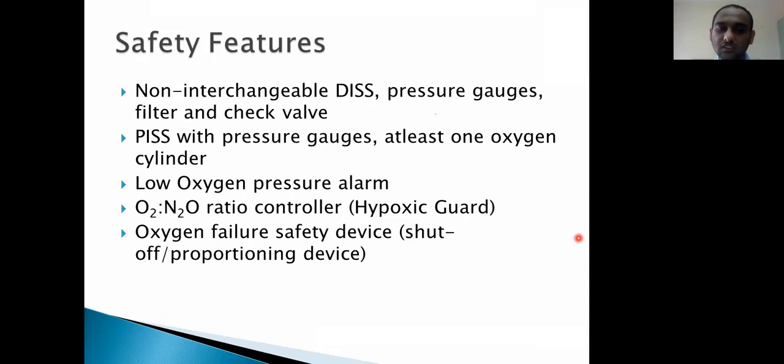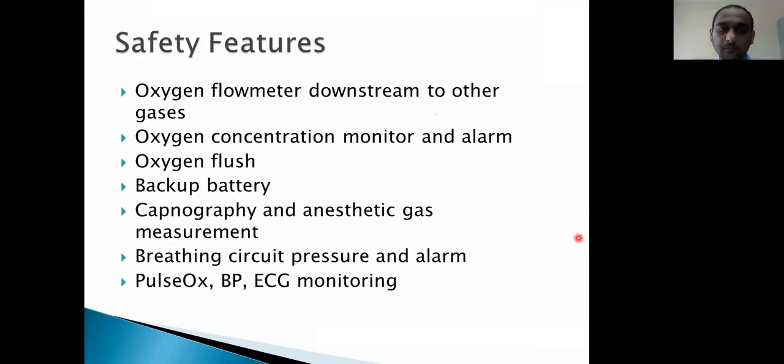We have the low oxygen pressure alarm, the proportioning device, the shut off device, and the oxygen and nitrous ratio controller, that is the hypoxic guard, the Link 25 chain that we had seen. Then the oxygen flow meter is downstream to the other gases, that is, the flow meter of oxygen is the last to join the mixture of the gases.